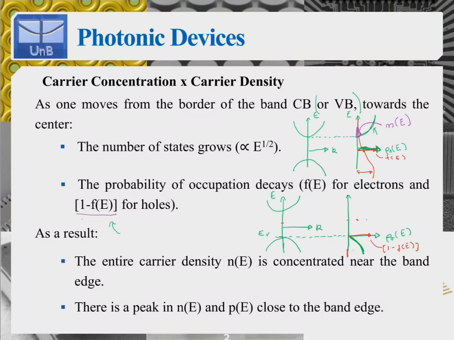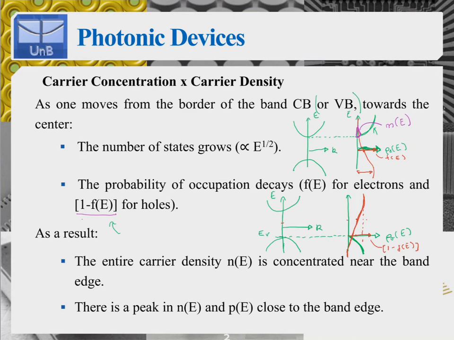So it's 0 here, and then it grows up to half, and then it is close to 1 in the conduction band, right? So it would grow like so, something like this, right? It's 1 here and around half here for an undoped semiconductor.